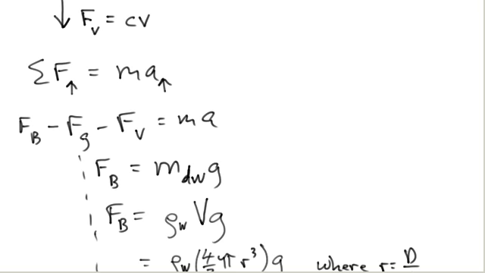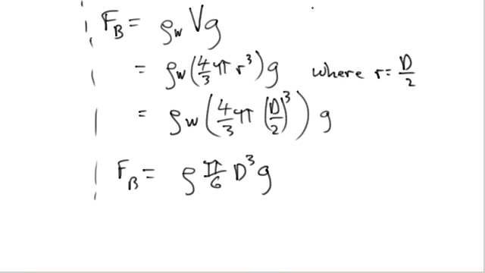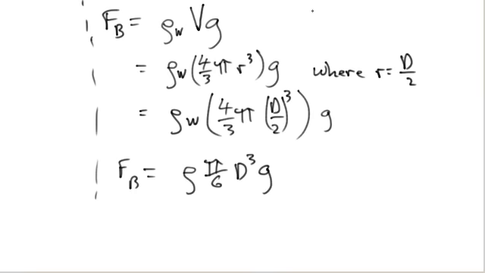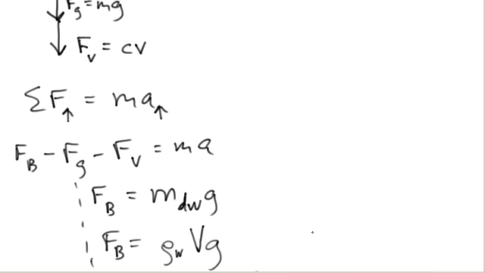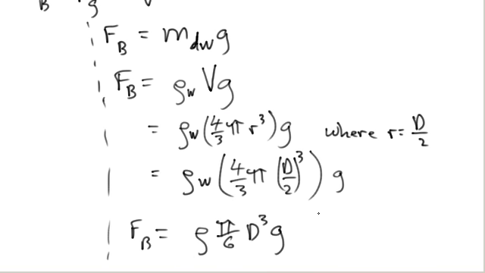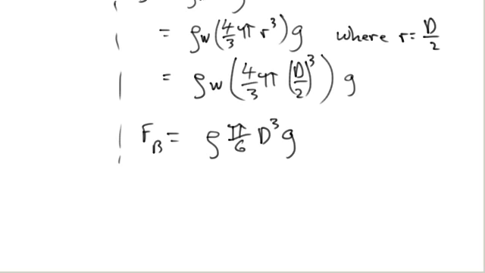The gravitational force is just m, the mass of the ball, times g. I use m sub b for the mass of the ball. And the velocity dependent force, or the viscous force, is c times v. Okay, FB minus FG.